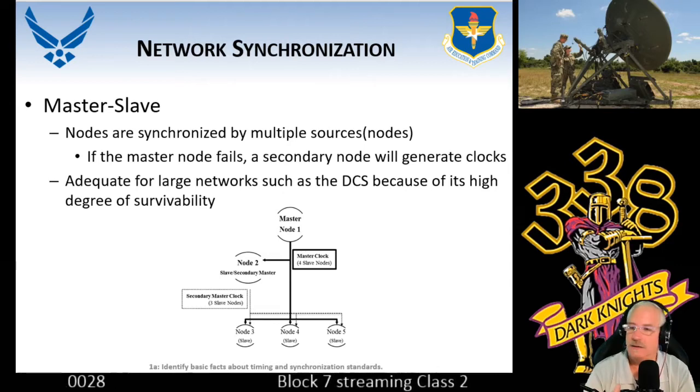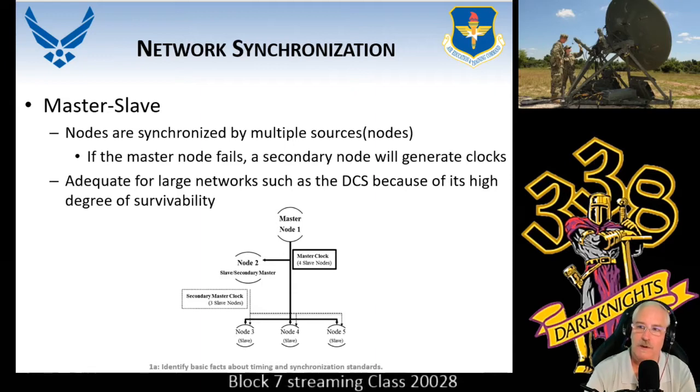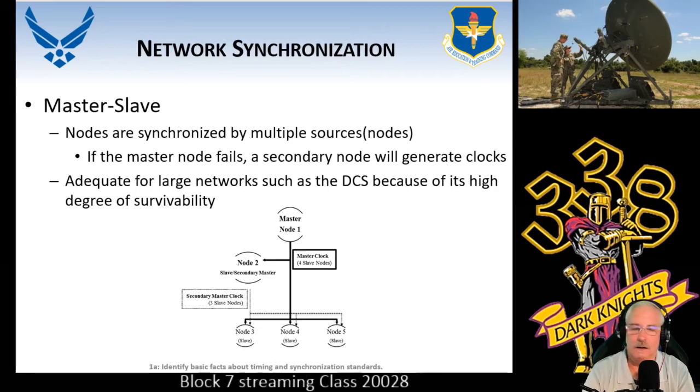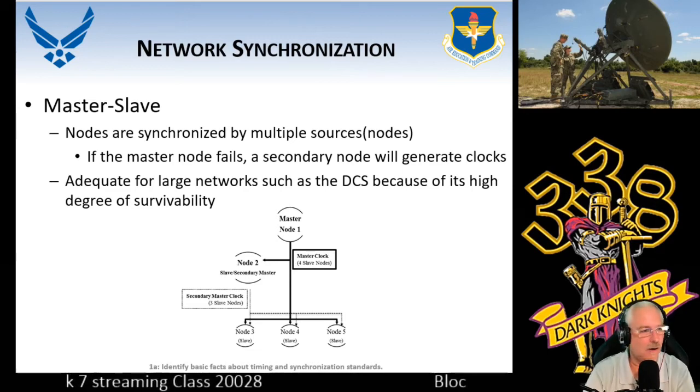But in our sense, where we get a lot of our timing on the computers, we get it from Randolph. If Randolph gets blown up, who's the other one? I think Hill Air Force Base is the backup. It's been a while since I've seen the architecture for something like the master-slave. It has changed over time.